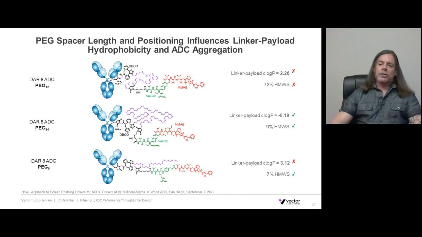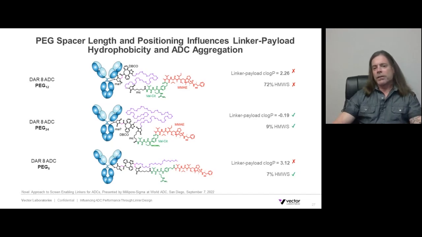There's more to aggregation than hydrophobicity. It's a simple calculation to do, so we use that. But some chemical moieties are just more prone to self-association. Insulin lispro is a great example of that. So this example on the bottom kind of shows that. It's that exact same combination of DBCO reactive group, MC, Val-Cit, MMAE. But now what they've done is they've taken the PEG spacer and put it in an orthogonal position rather than between the payload and the antibody.